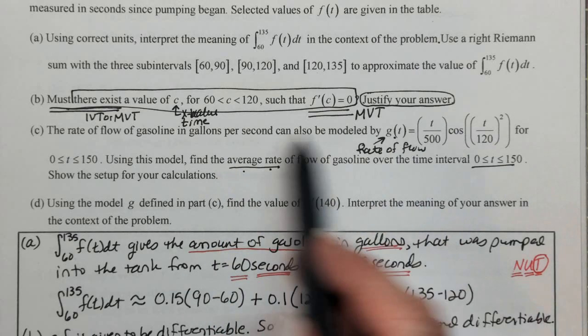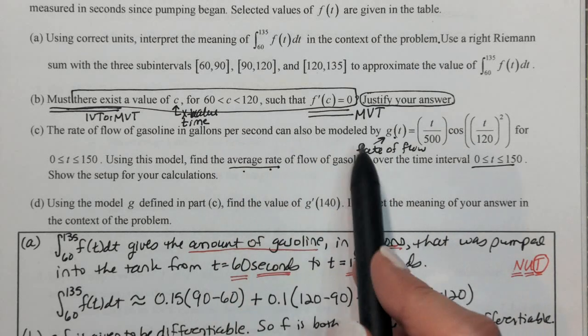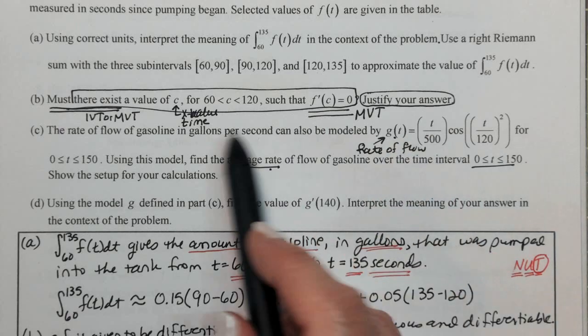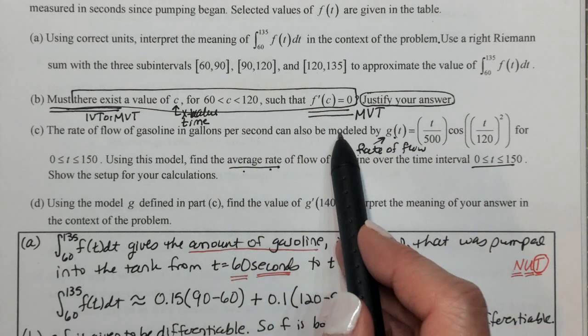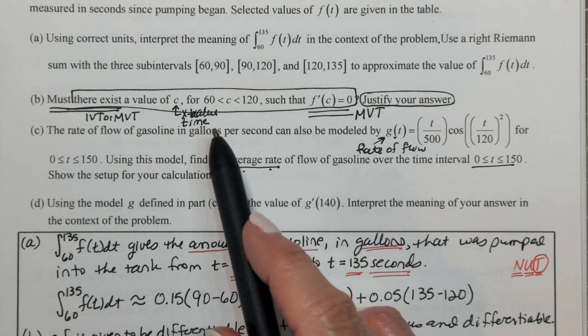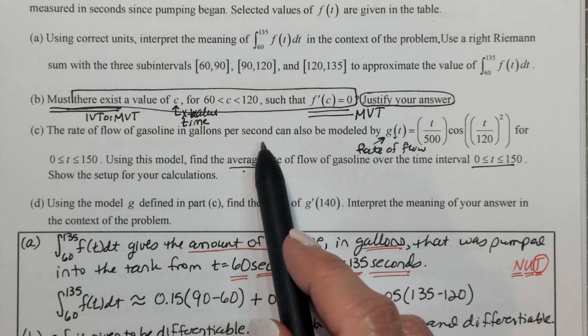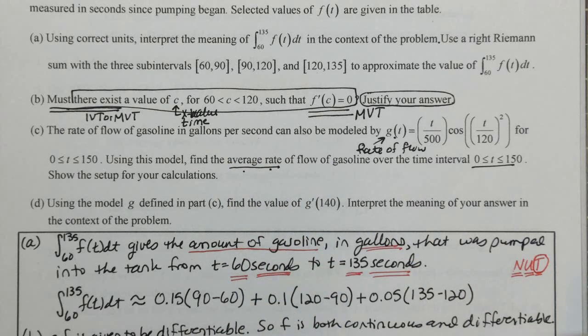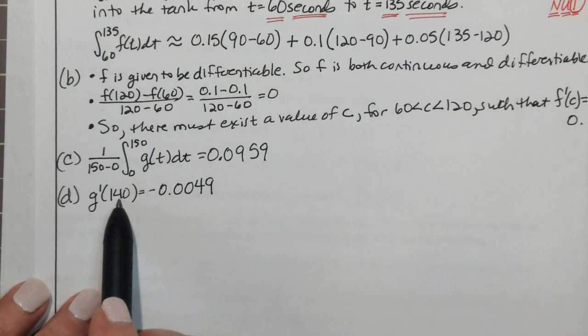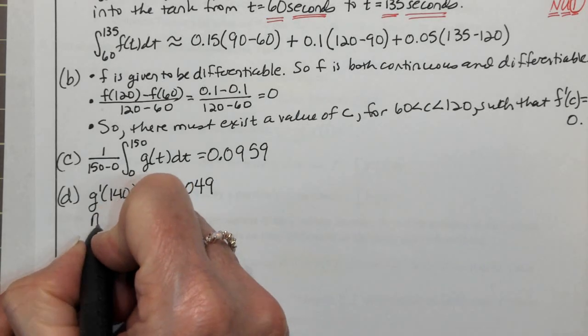If G is in gallons per second, then G prime would be gallons per second per second. Or you could write that as gallons per second squared. Okay? So, we have to give the meaning of the time, right? So I like to start there.